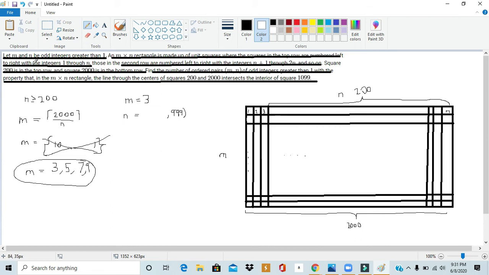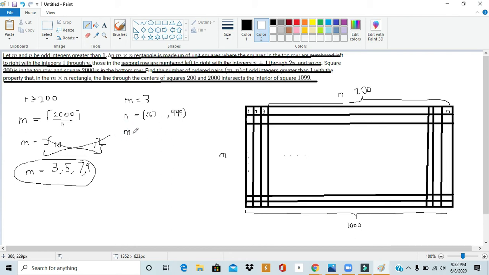But since the problem tells us we only take odd integers, we just discard 666. So we take the minimum as 667. And thus we obtain that n is in the range of 667 to 999, where n is all the odd numbers between, when m is equal to 3.